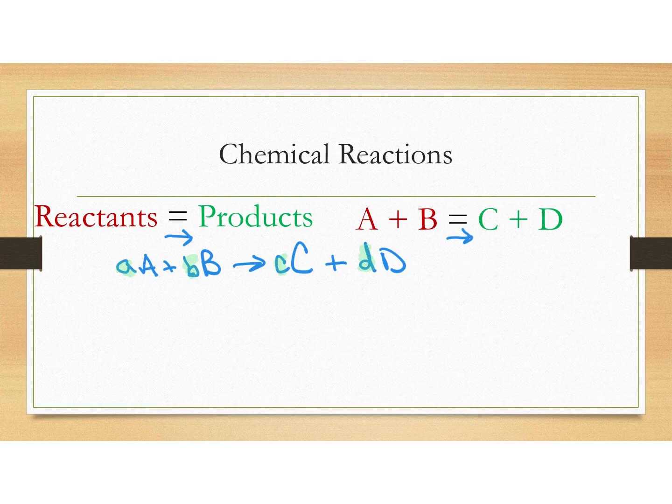So, if I was to arbitrarily come up with a reaction and put in numbers there, I could easily say I had something like 3A + 2B → C + 4D. Okay, just arbitrarily. This is what we call a general chemical equation.